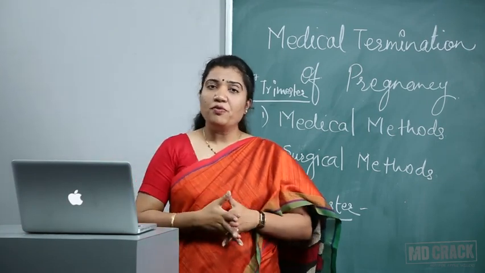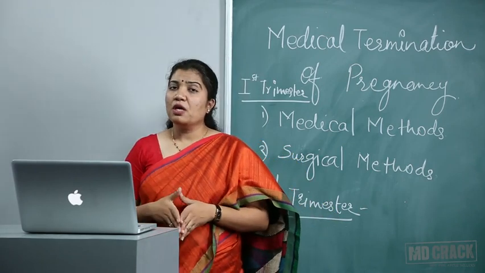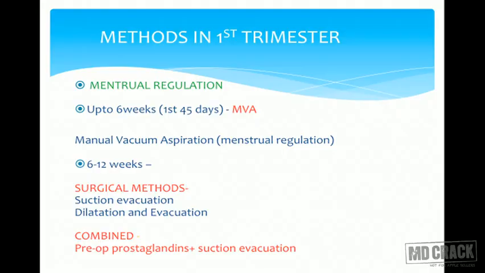In manual vacuum aspiration, till 6 weeks, again a plastic cannula, the syringe comes which is made up of plastic. We can use it under anesthesia, and it's a very simple procedure. It avoids perforation, which is much more common with the steel instruments, the steel suction cannula, which we are going to use in suction evacuation.